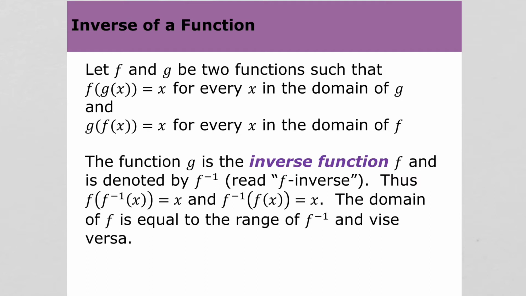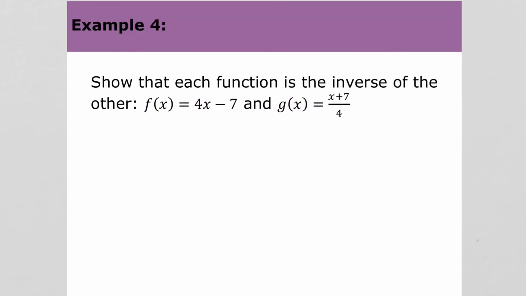So if you take the composition of f and g and it simplifies to x, and then you take the composition of g and f and it simplifies to x, then you know that those two functions are inverses of each other. And we'll come back again. Let's look at example 4. Show that these functions are inverses of each other.